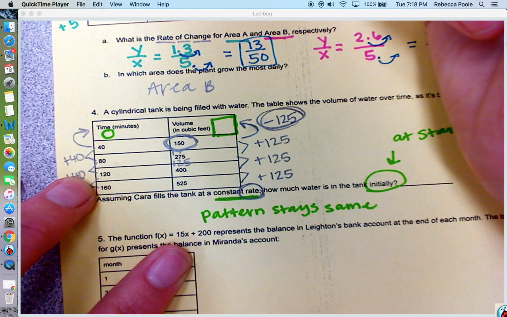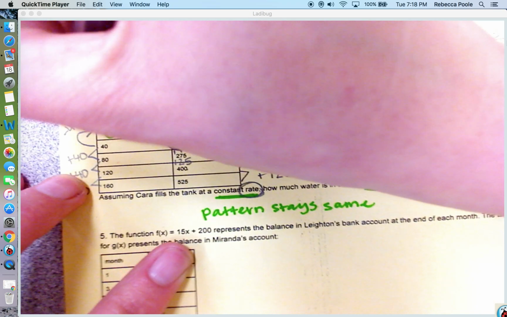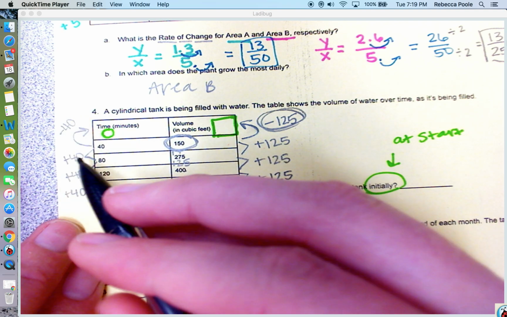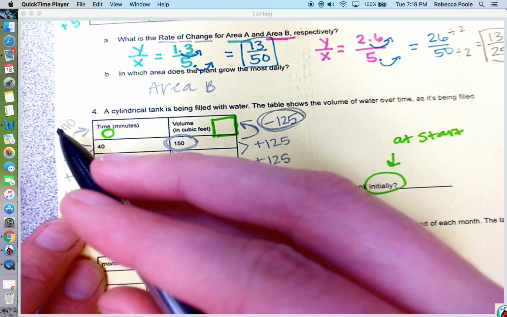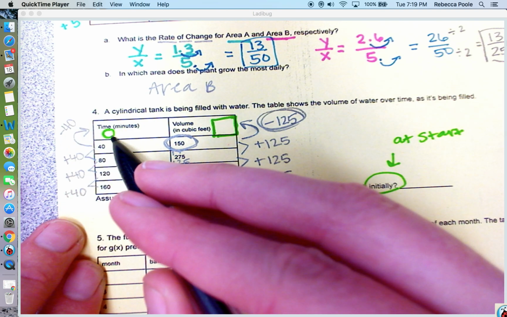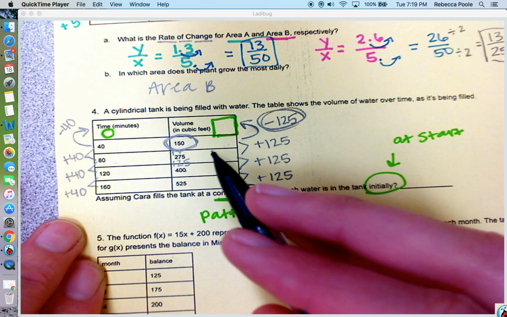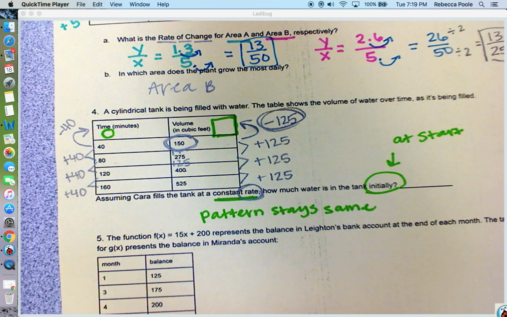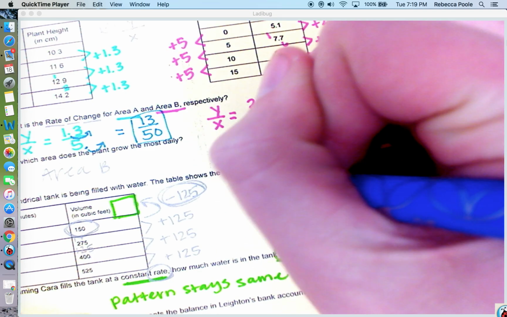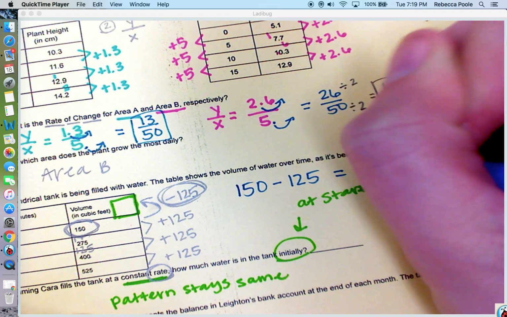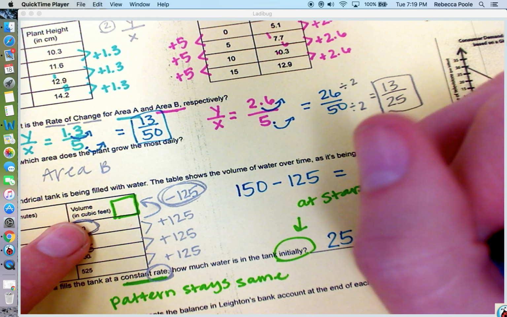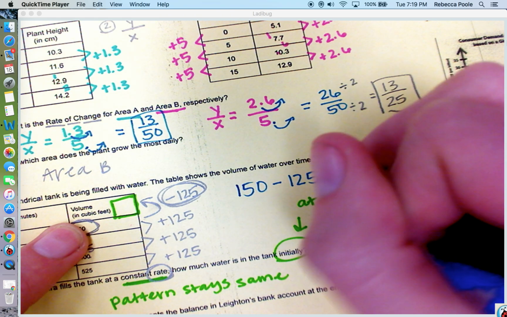If I do 40 and I work backwards and I do 40 minus 40, because we were adding when we were going down, right? But now I'm going up. I'm working backwards. So the opposite of adding is to subtract. 40 minus 40, does that give me 0? Yes. So this should work. So I just need to do 150 minus 125. And if you do 150 minus 125, you should get 25. So how much water is in the tank initially? 25, and it says cubic feet, so feet cubed.